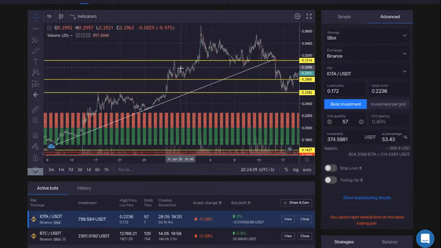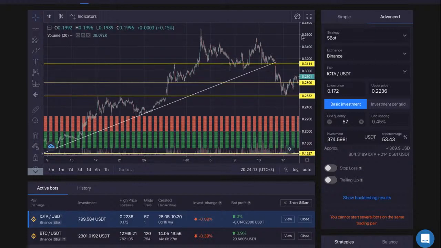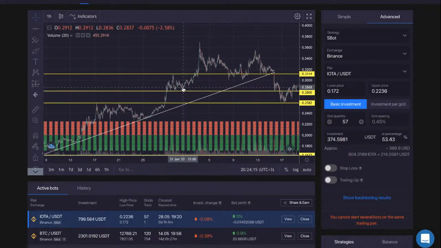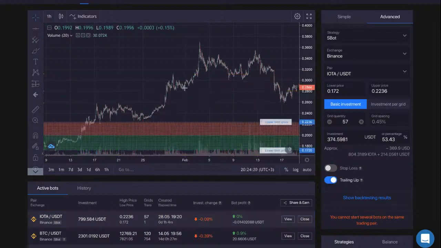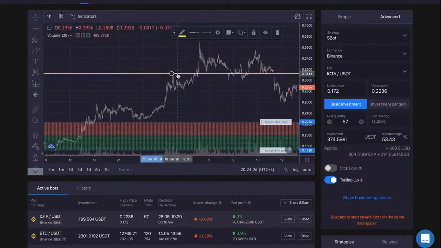I consider it to break my upper limit price right here and then follow the price appreciation. So right here I would enter with the trading up function on, just to make sure that once the price breaches the resistance level, my trading range will follow the price appreciation.